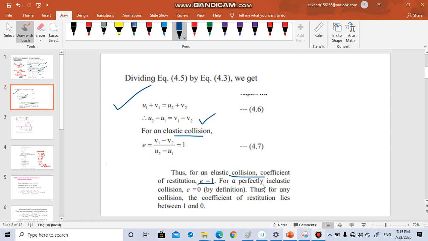For a perfectly inelastic collision, E is equal to 0, by definition. So the E value will vary between 1 and 0. At 1 it is perfectly elastic, at 0 it is perfectly inelastic, and between 1 and 0 it is partial.